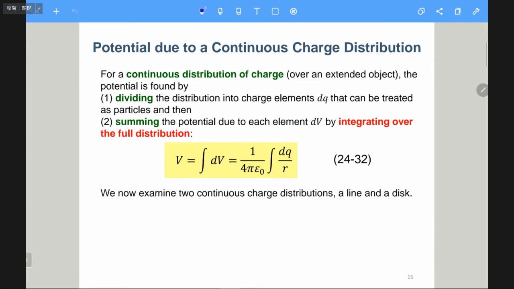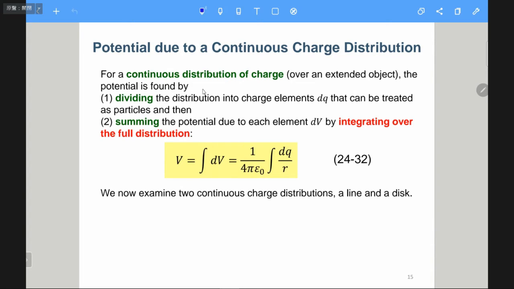And then for this small charge, you can consider the charge to be uniform, and the distance can be a single distance. So for the case here, we also consider this way.